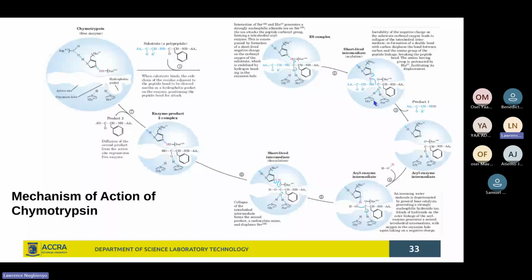Now, think of it this way. You have the enzyme as a protein, and then the protein which is supposed to be broken. Now the enzyme holds two parts, like the two ends of the bond that is supposed to be broken. The bond which is supposed to be broken is between the blue side and the black side. One side, which is the carbon, is held by the enzyme.